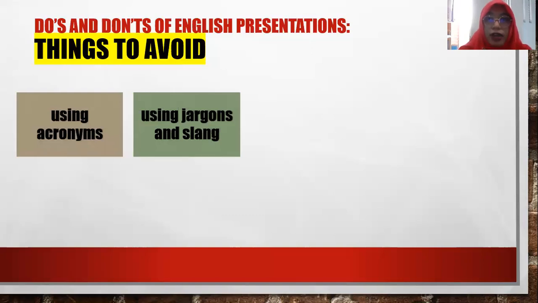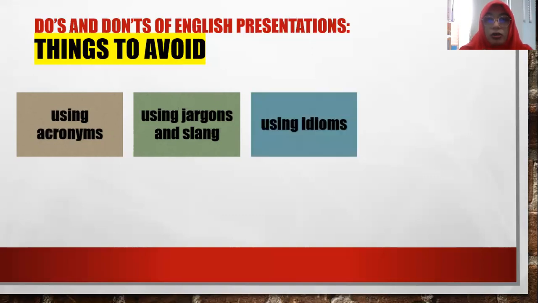But if we are using acronyms that people might not be familiar with, try to explain what the acronyms are. And avoid using jargons and slang, because if you are doing a formal presentation, you should speak formally. Avoid using slang. And also avoid using idioms if you are not familiar with them. So just speak normally.